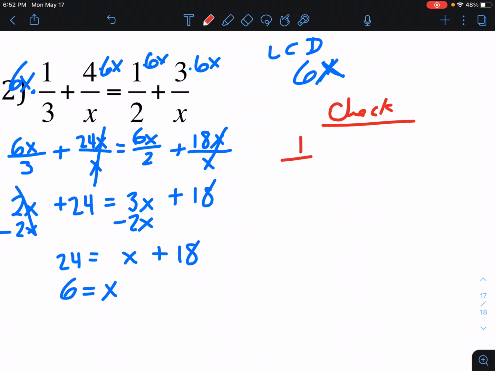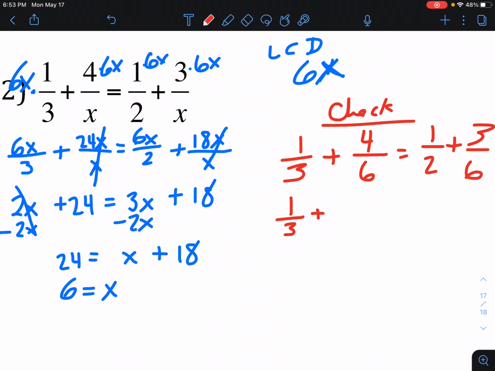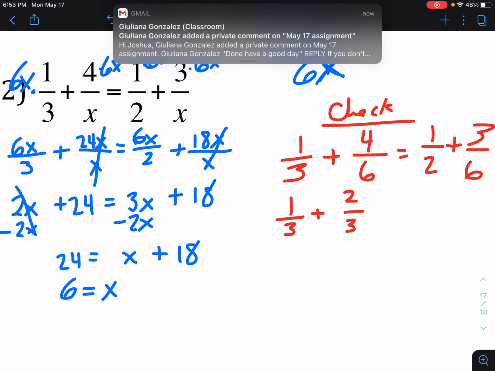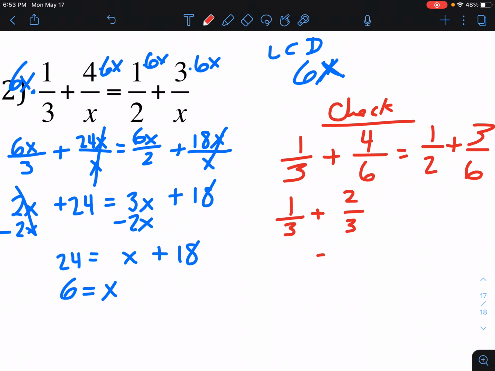So 1/3 plus 4/6 equals 1/2 plus 3/6. Okay, so 4/6 is 2/3. And then that's 3/3, which is 1.